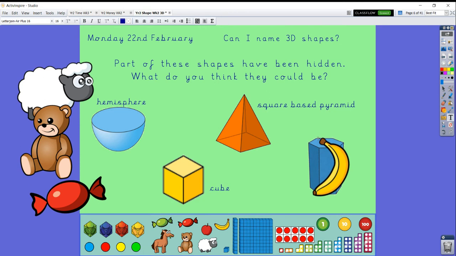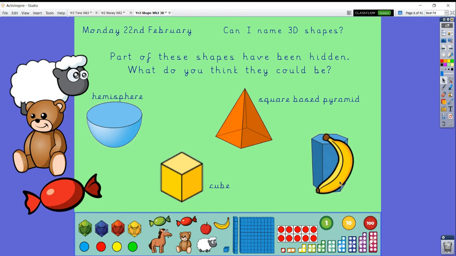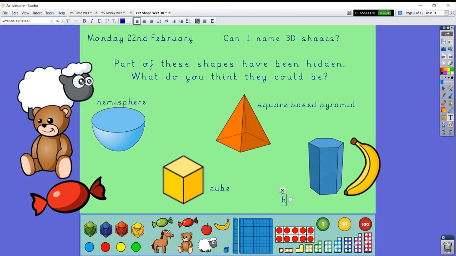So I think I can see 1, 2, 3, 4, 5, 6. Yes, I can see a hexagon at the top. And I think there's a hexagon at the bottom with rectangular faces joining it. So we have got a hexagonal prism. Brilliant. You get all of these?